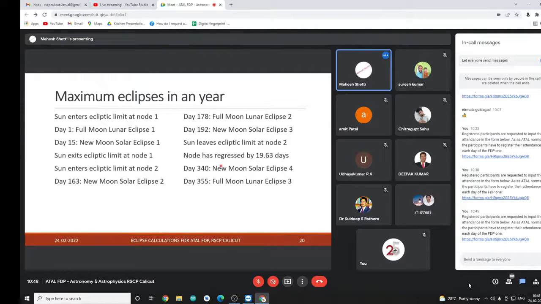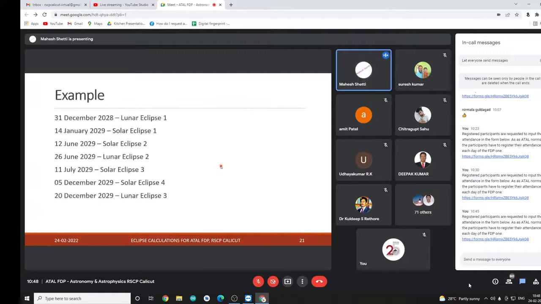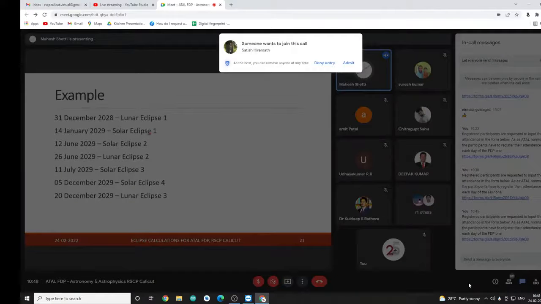And we can see the dates if you look at the ephemeris, at the tables of eclipses. One example is going to happen in 2028. It is one calendar year, though the year number is not exactly the same. On 31st December 2028, the first lunar eclipse takes place. On 14 January 2029, the first solar eclipse takes place.